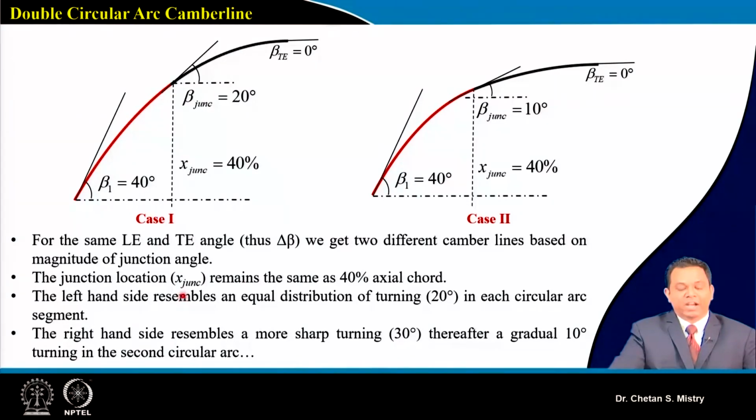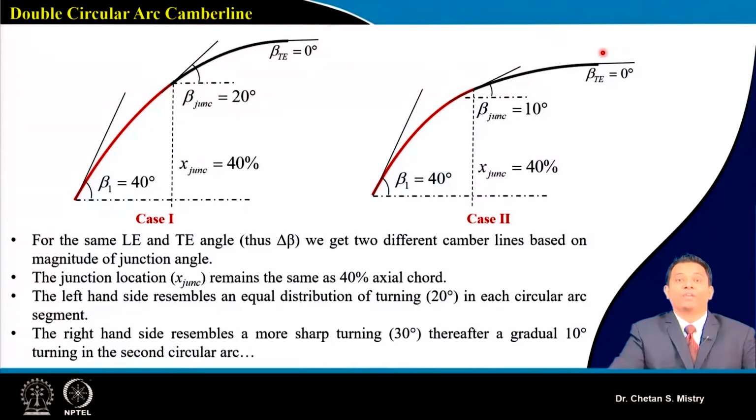On the left-hand side, the flow turning happens at 20 degrees, and at the exit you have 0 degrees. On the other side, in the other configuration, the flow turning is 30 degrees, and that gives me an exit angle of 0 degrees.